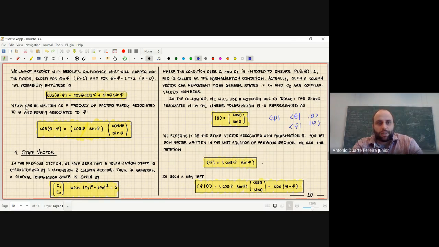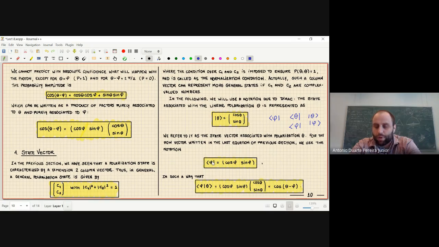So let me start giving you some terminology. This vector that represents the column vectors is called a vector state, okay? So the vector state will be this thing. And these row vectors are what we call the dual of these vectors, okay? So this is a dual.